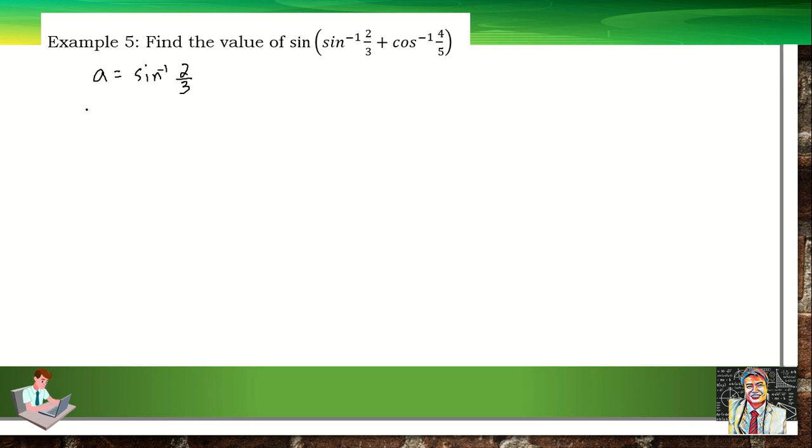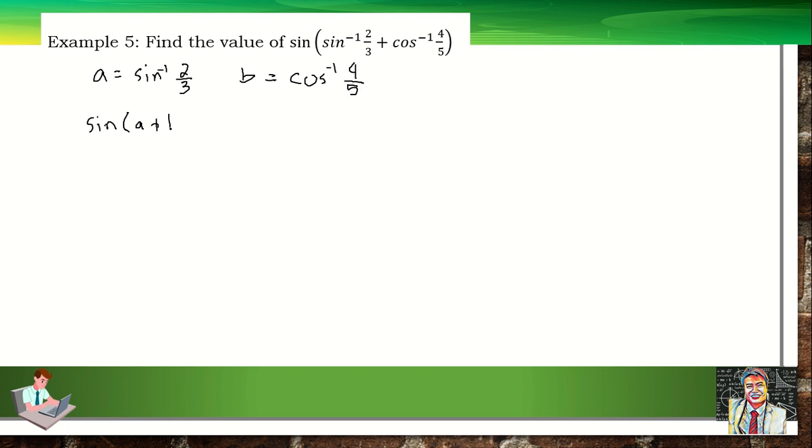Okay? So, letters na lang gamitin ko. So, wherein A is an angle na kapag pinerform natin itong inverse sine 2/3. How about since itong si cosine, let B be the inverse cosine 4/5.